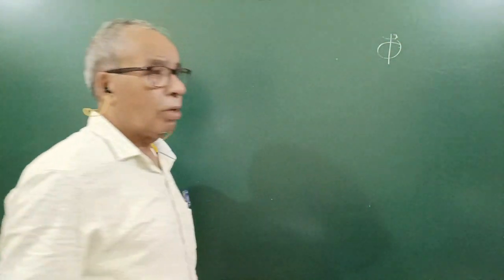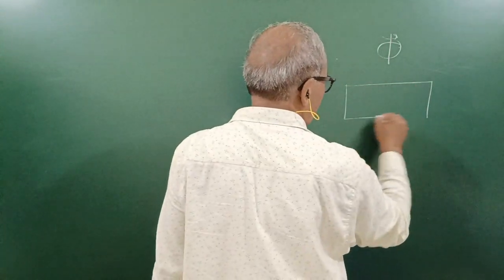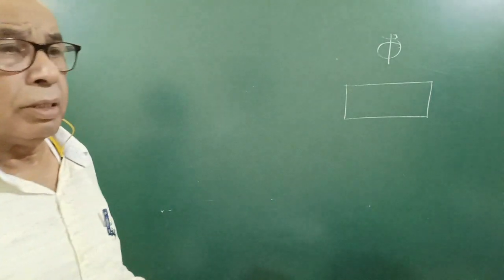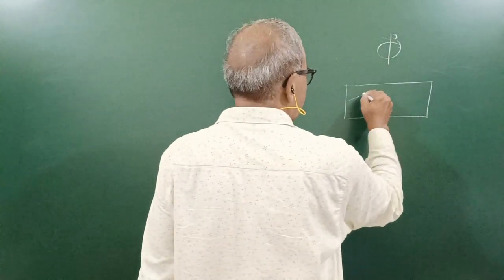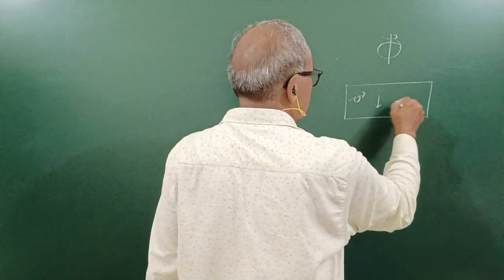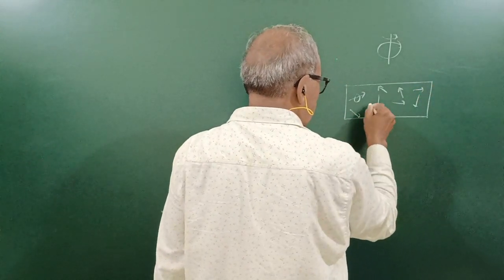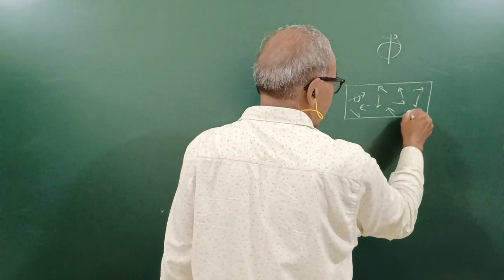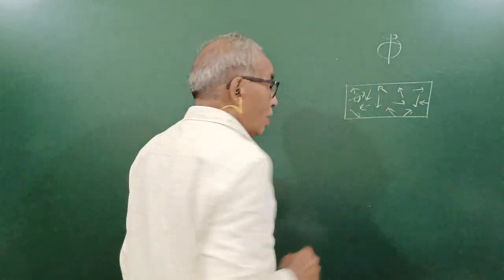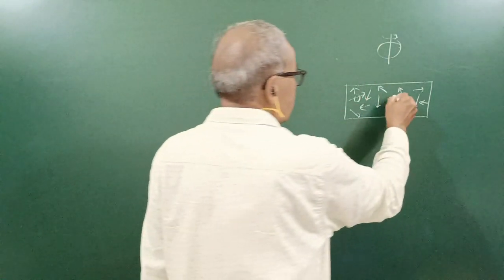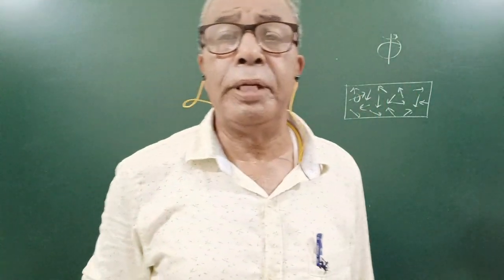So in case of iron or some other material, every atom has a net dipole moment. But you see, a nail of iron does not show magnetism. Why? Because the atomic dipoles are randomly distributed. So the net dipole moment is 0. These atom dipoles are quite random, and therefore there is no net dipole moment.